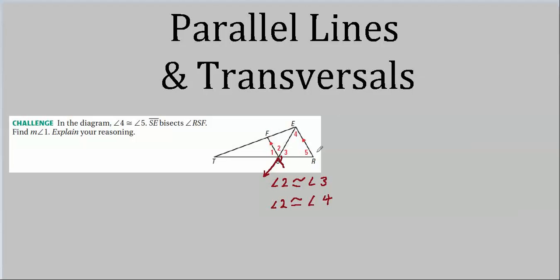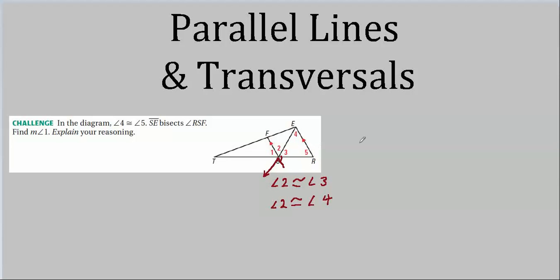Now, let's look at this transversal cutting these two. Angle 1 and angle 5 are corresponding angles, aren't they? They form a corresponding pair.